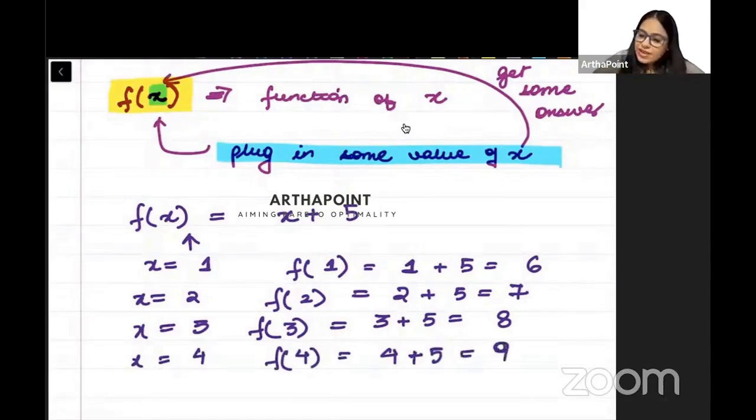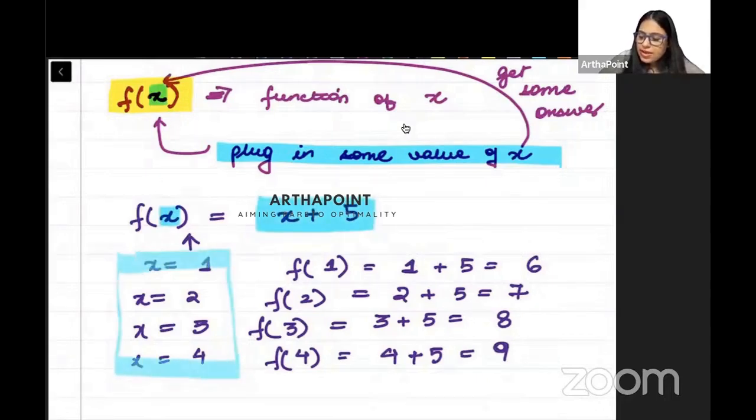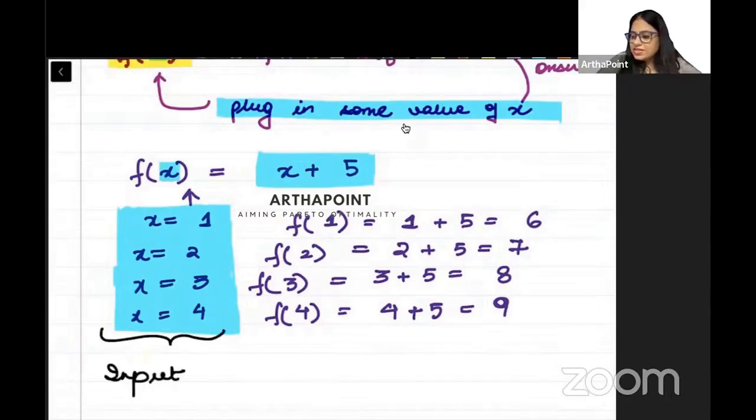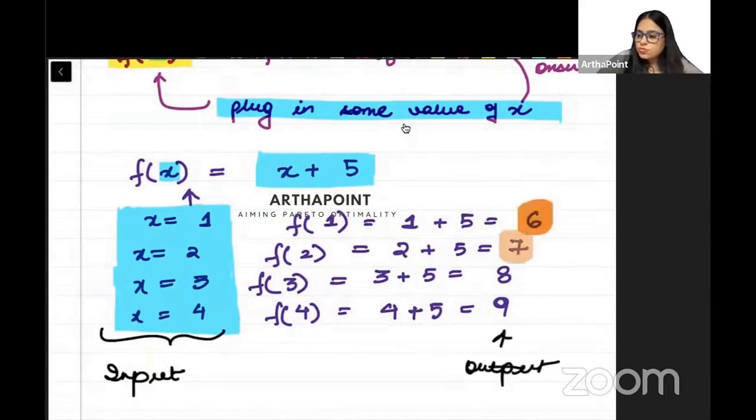समझे? So when we plug some value in x, x is my input. ये input है. And this answer is my output. ठीक है?